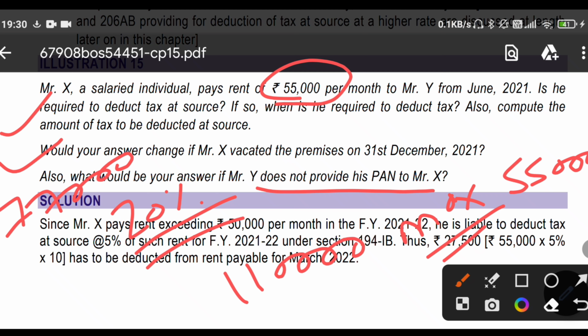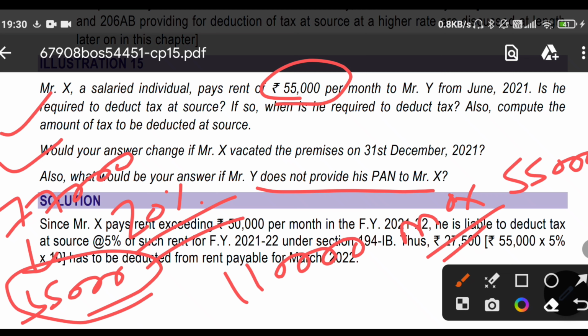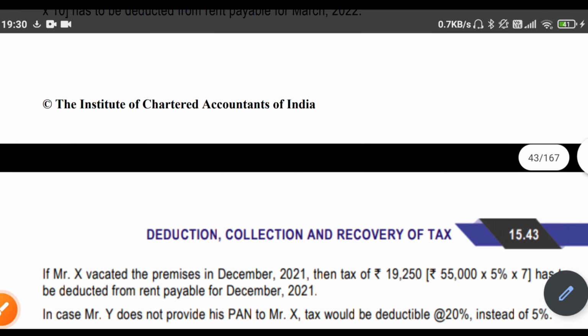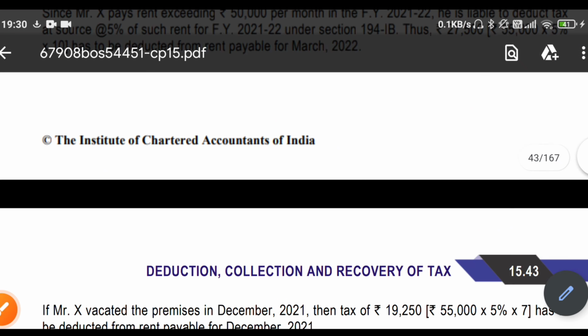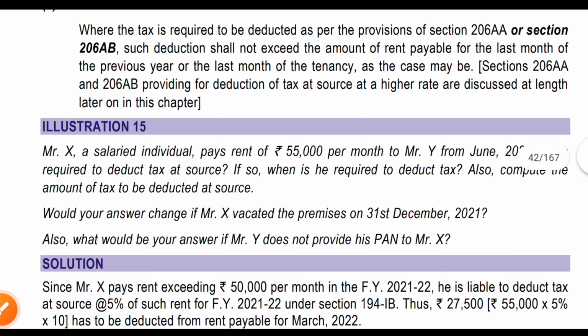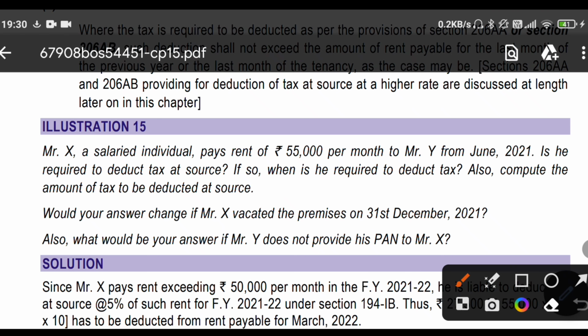And in this case too, the max TDS that can be deducted is the rent of the last month. So max 55,000 can be deducted. So you can read the answer. In the first case 1,10,000, but max 55,000 can be deducted, and in the second case 77,000, but max 55,000 can be deducted. So this is section 194IB, and this section is applicable only to those individuals and HUFs who are not covered in 194I.